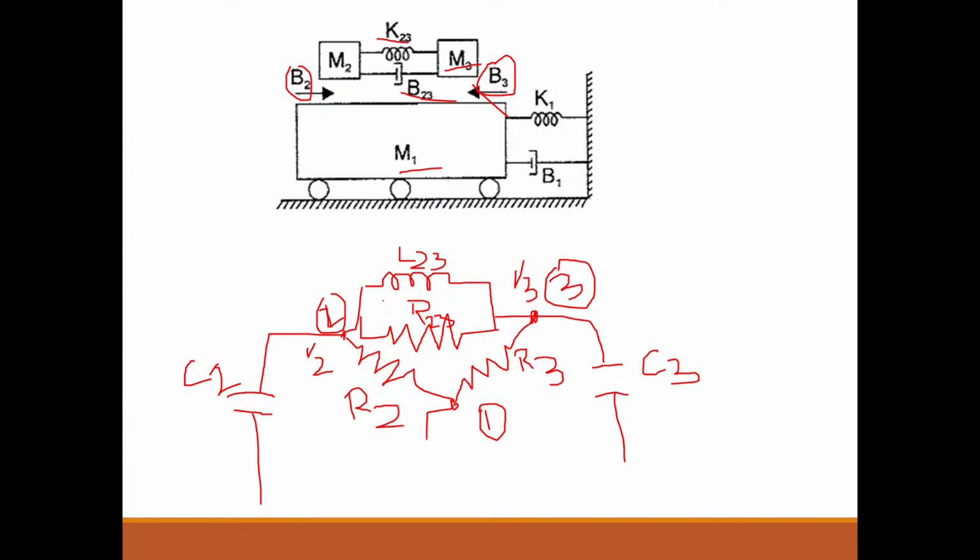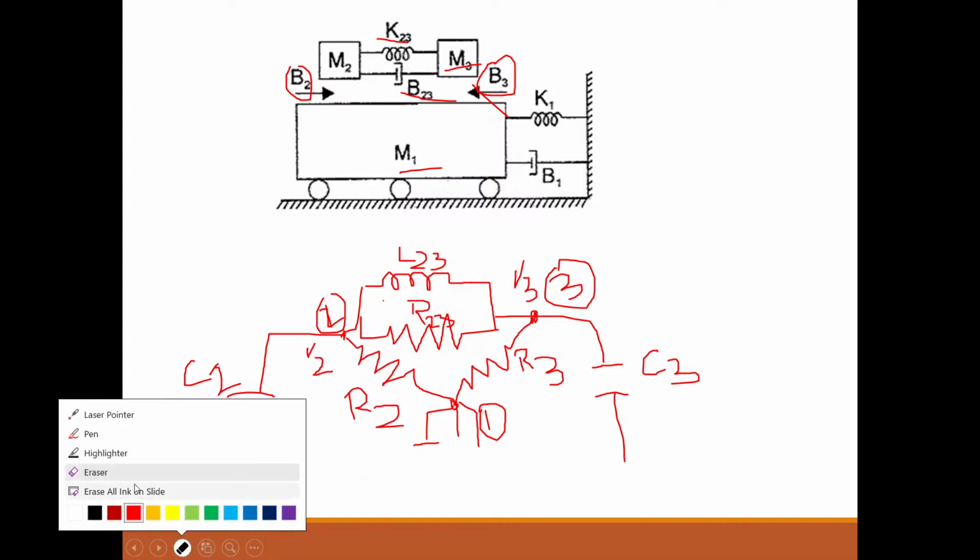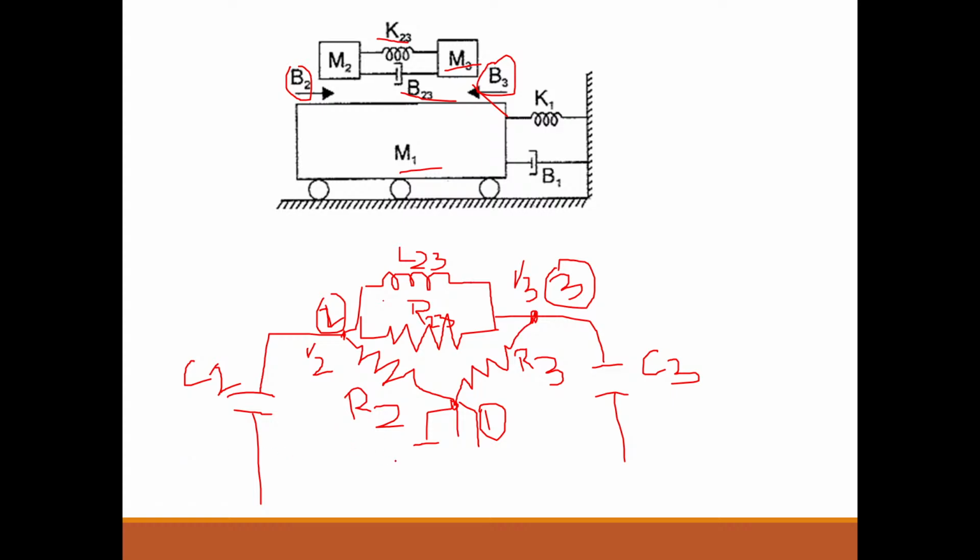So I'm going to consider three lines here: one is capacitor, another one is resistor, another one is inductor.